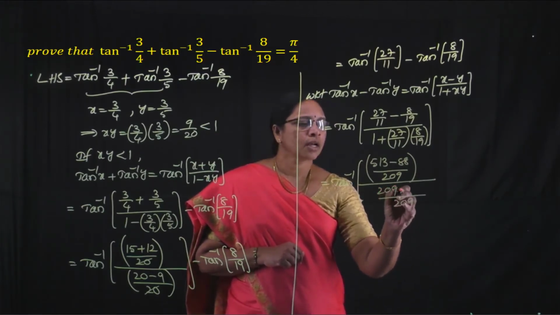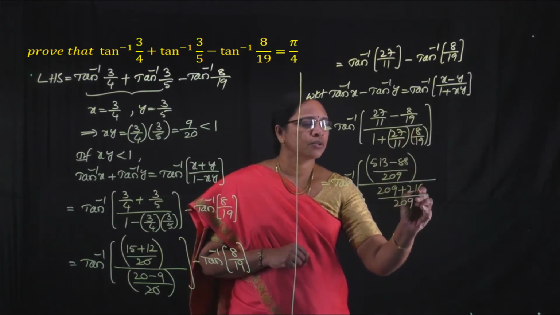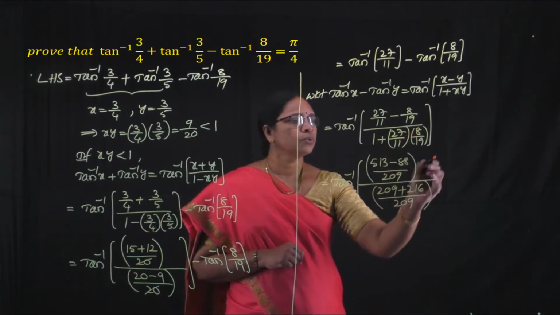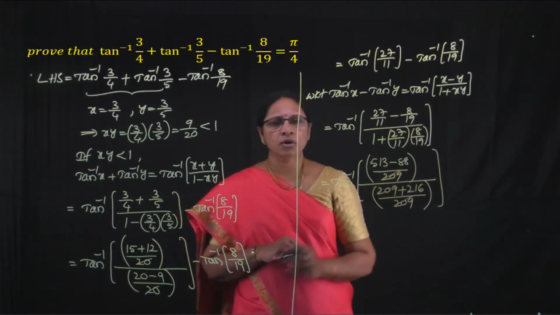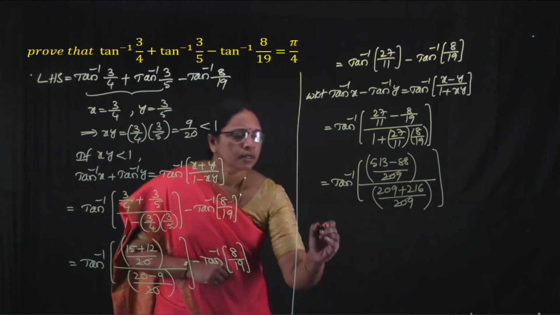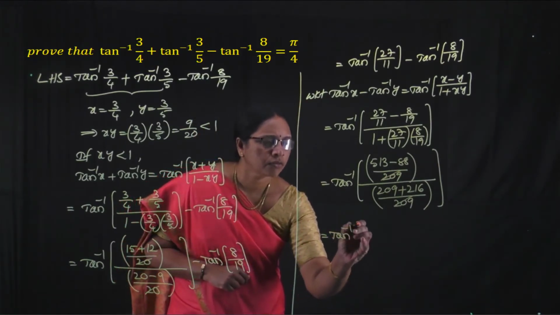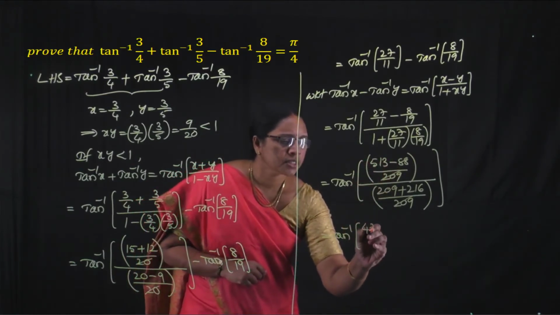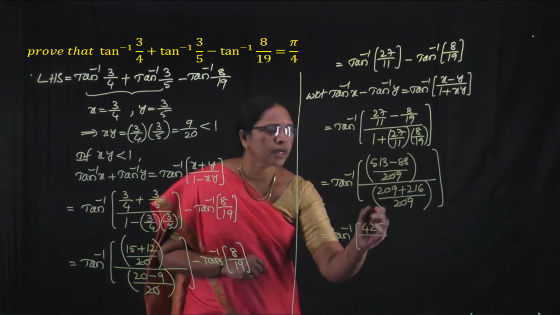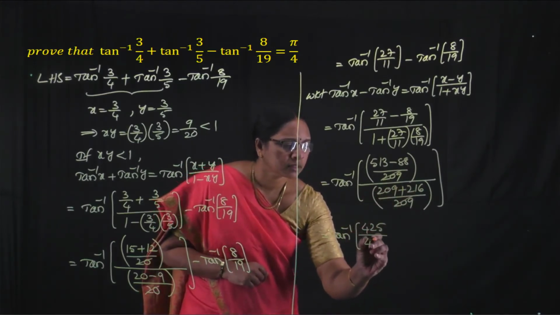Here 209 plus 27 into 8, that is 216. Here 209 gets cancelled. That is equal to tan inverse of 513 minus 88, that is 425, by 209 plus 216, that is 425.